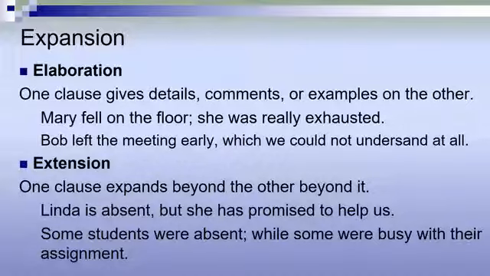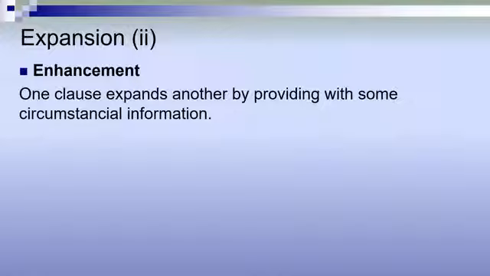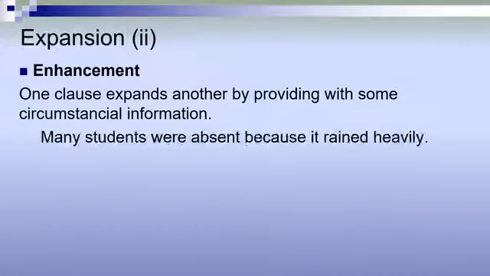That's different from the third kind of expansion, namely enhancement. In the enhancement relation, one clause expands another by providing some circumstantial information. So here we have many students were absent because it rained heavily.